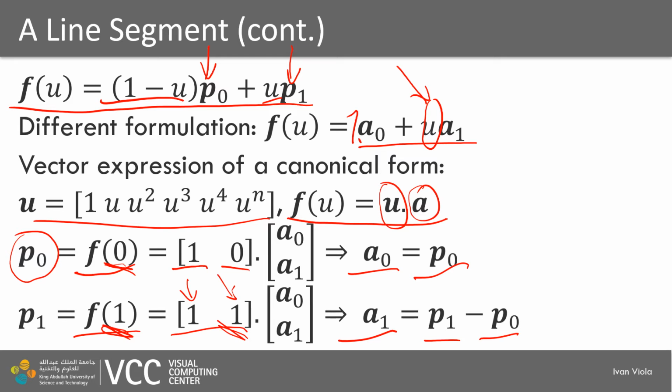So this sort of reformulates our definition of the curve from two endpoints into one endpoint and the vector to the other endpoint. So what is this good for?